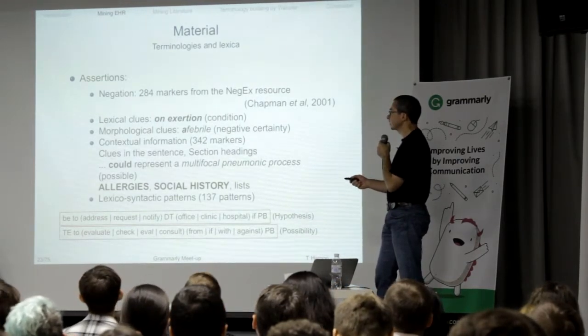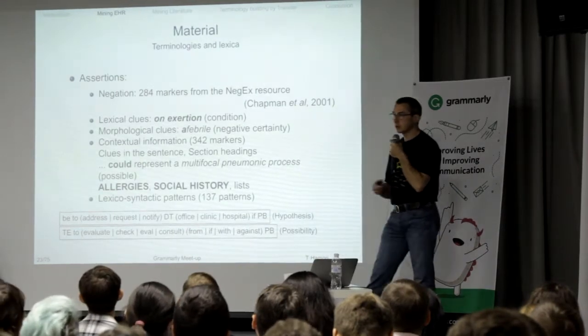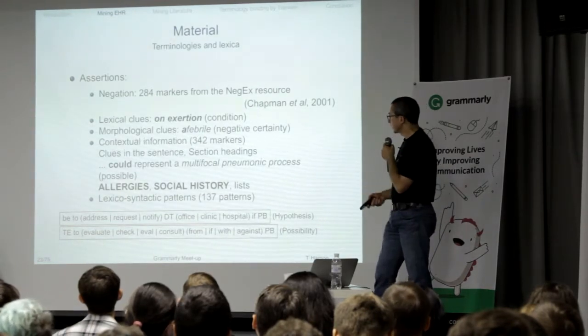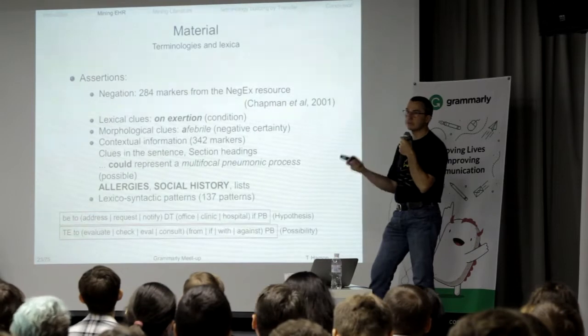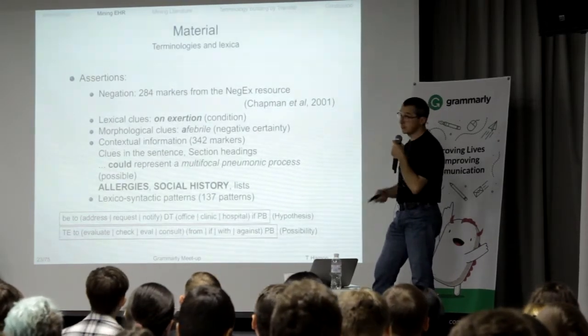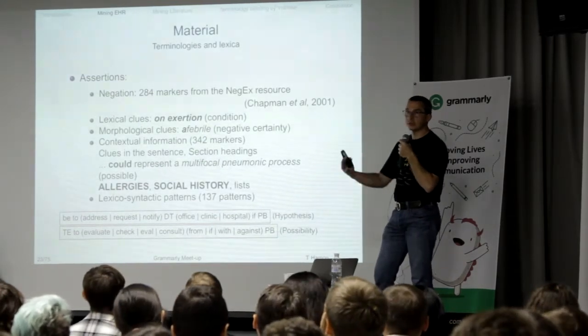So for instance, there is a section with the drugs for which the patient experiences allergies. There is also a section with the social history of the patient, the family history of the patient, and so on. And this information is not related to the patient.